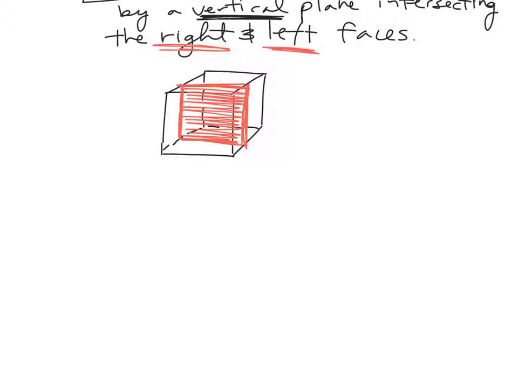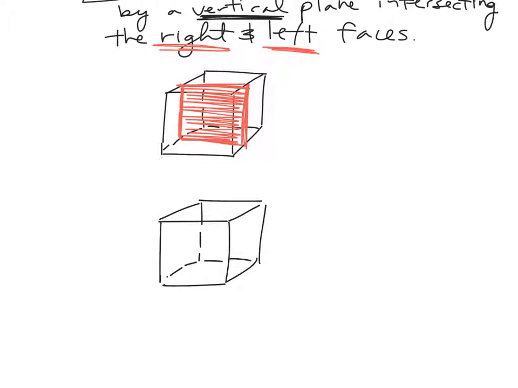Another one that you could do, let's say they say that you need to go through the top and the front faces. And they don't say horizontal, vertical, they don't specify that this time.